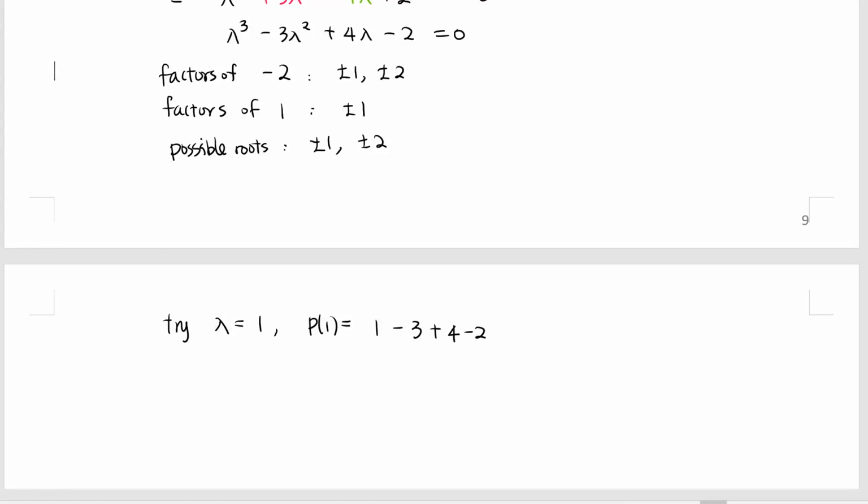What is that? 2 minus, so that's minus 2 plus 2. Oh, we're so lucky. We get the first one. So lambda equals 1 is a root. Then lambda minus 1 is a factor. Because we have degree 3, it's enough to find one root, because then we can use long division to find the remaining quadratic factor.